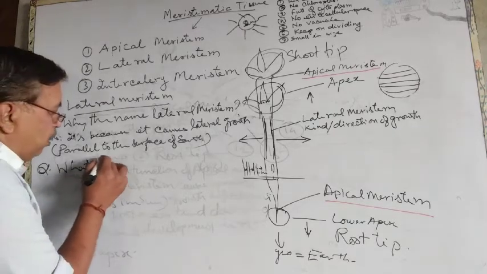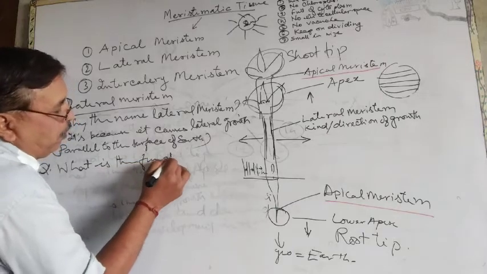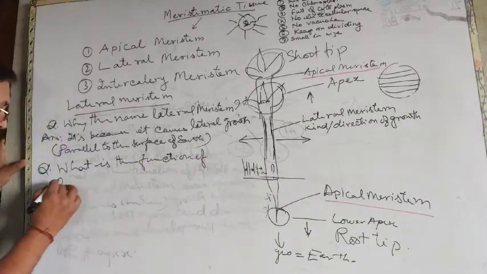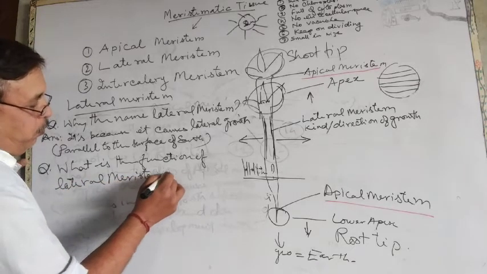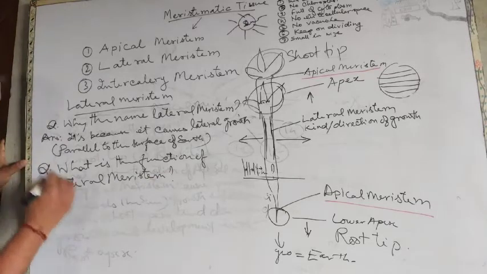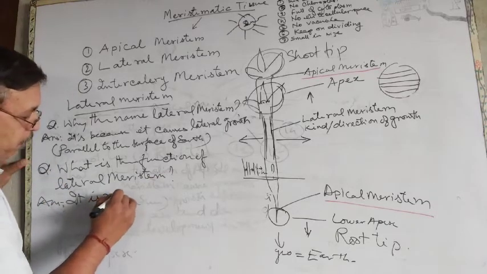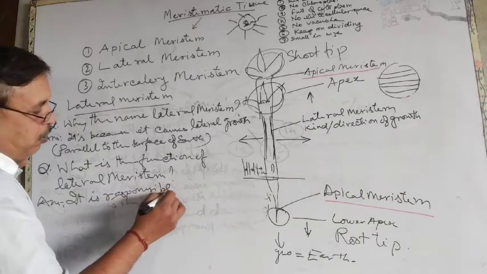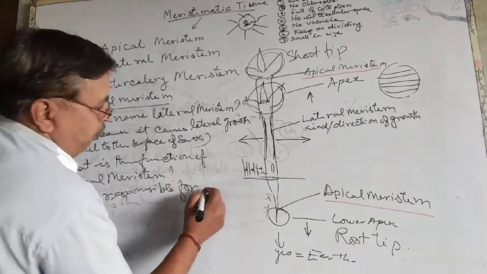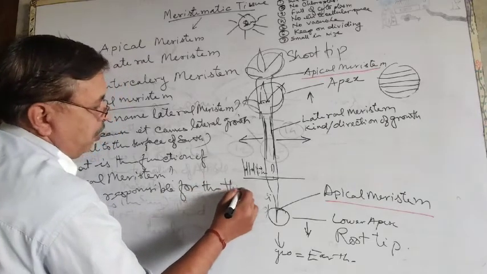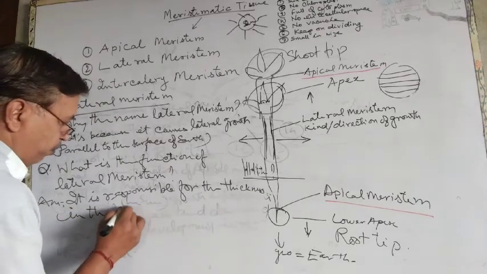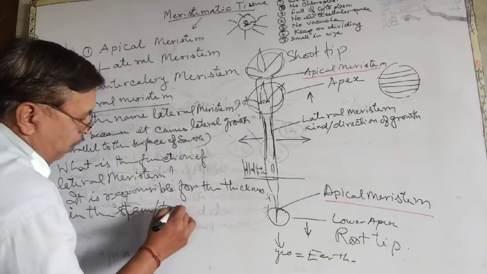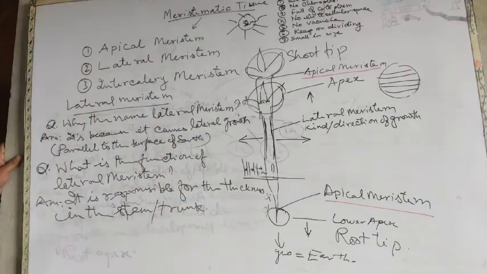So what is the function of lateral meristem? The answer will be: it is responsible for the thickness in the stem or trunk, right? It is responsible for the thickness in the stem or trunk.